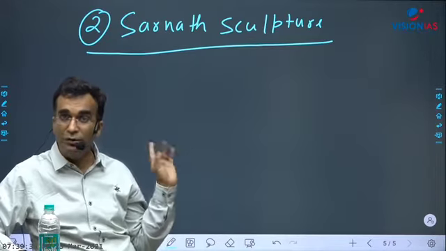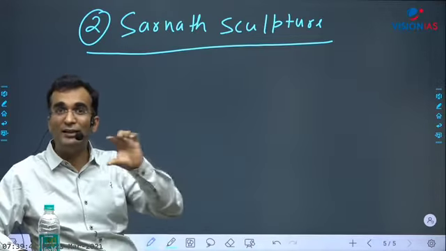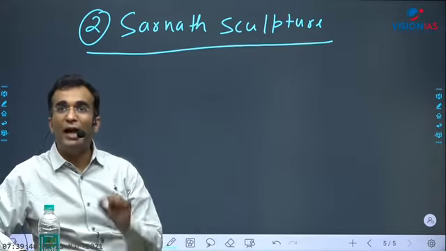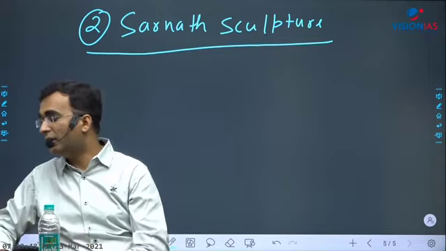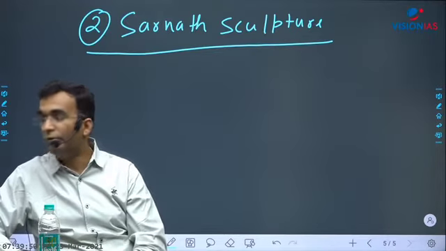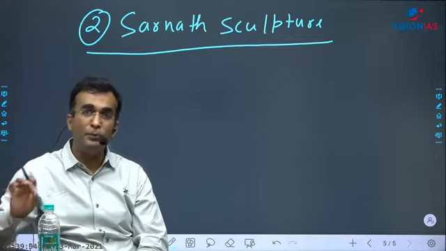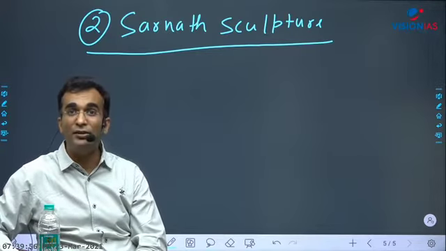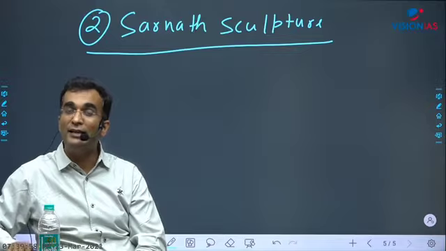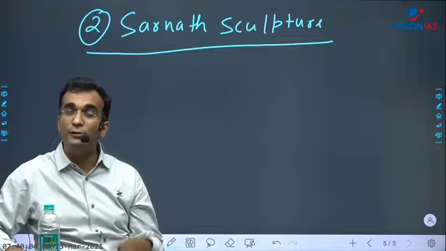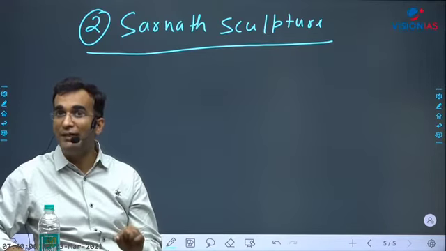So this is one more speciality, that they combined the Jataka panels with the one big image of the Buddha. And one more speciality of the Sarnath is that not only did they create sculptures from the pink sandstone, but they also started creating sculptures from bronze and copper. So they also started creating sculpture in the metal tradition.